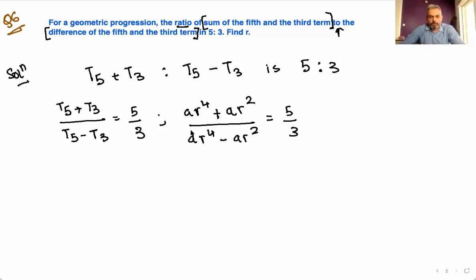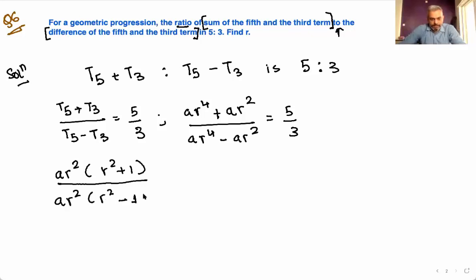Now how do we solve this? Here we take AR square common. So AR square common, (R square plus 1) upon AR square common, (R square minus 1) is equal to 5 upon 3.